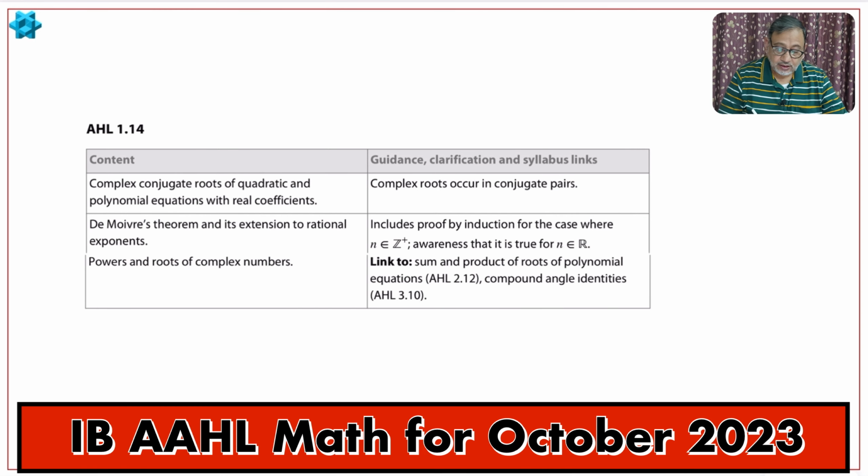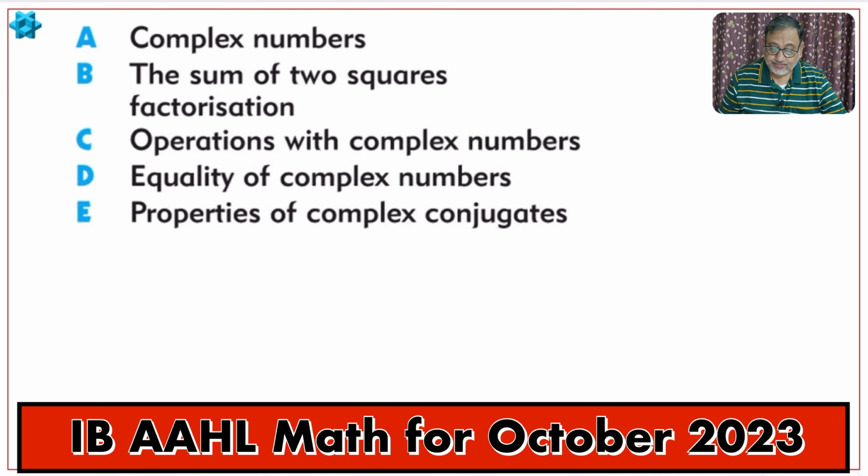Then the next part of complex numbers, AHL 1.14, says: complex conjugate roots of quadratic and polynomial equations with real coefficients, De Moivre's theorem and its extension to rational exponents, powers and roots of complex numbers.